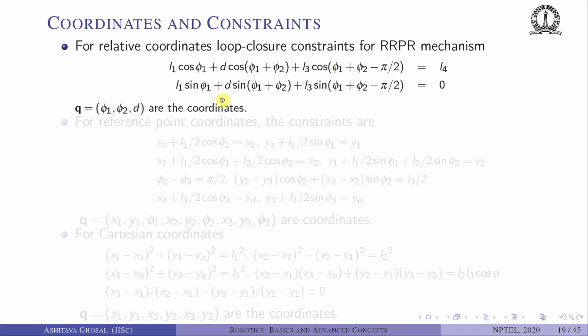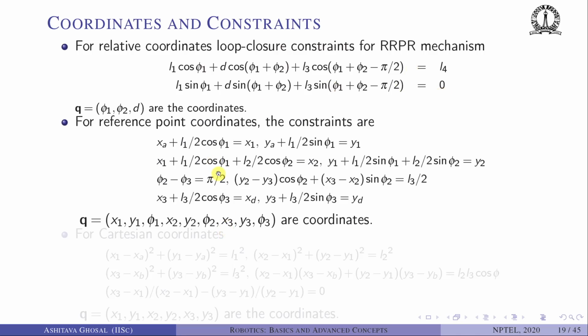And likewise, the y component: L1 sin phi 1 plus D sin(phi 1 plus phi 2) plus L3 sin(phi 1 plus phi 2 minus pi by 2) is equal to 0. So we have three coordinates, phi 1, phi 2 and D, and we have two constraints, and hence it has 1 degree of freedom, consistent.